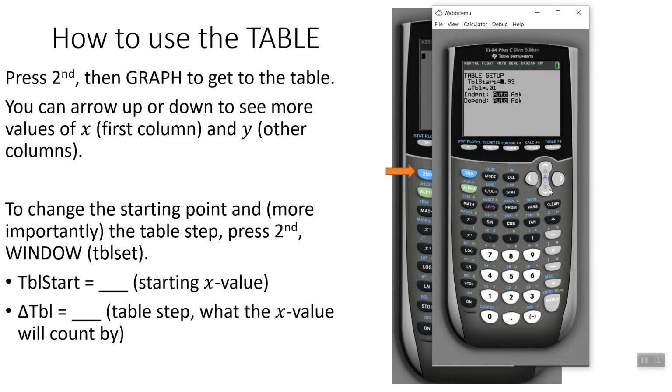Table set. Instead of 0.01, let's do 0.001. Actually, let's do another 0. Put some more zeros in there. And let's start at 1.999. If you notice, this switched notation. This changed to 1e negative 4. That's scientific notation. That means 1 times 10 to the negative 4th.